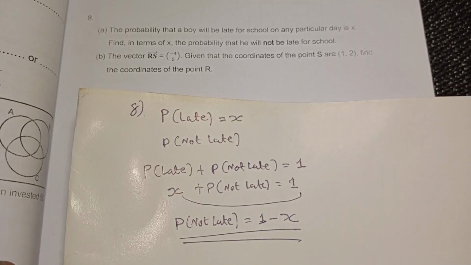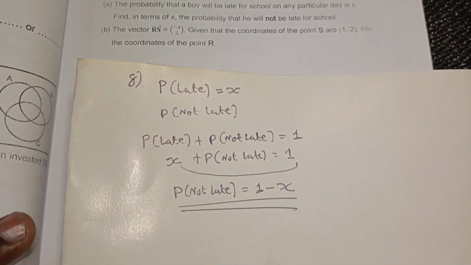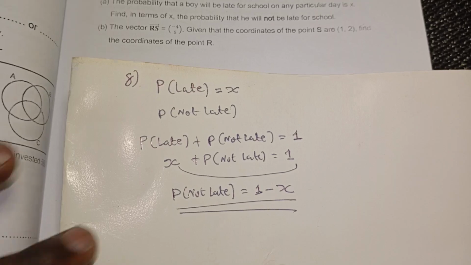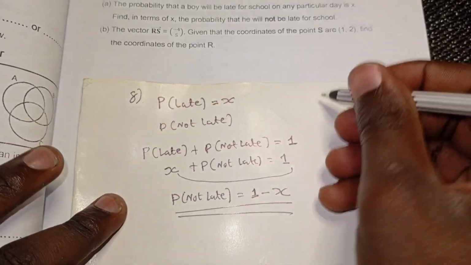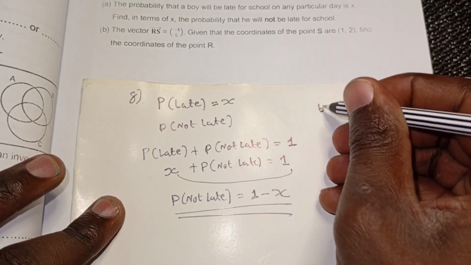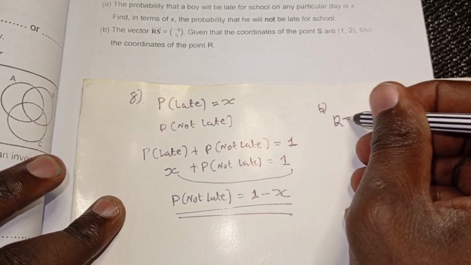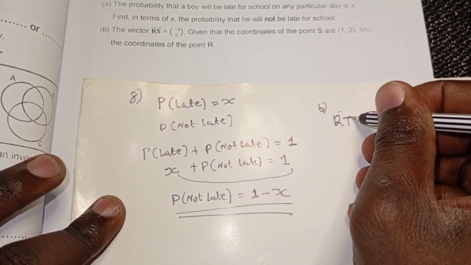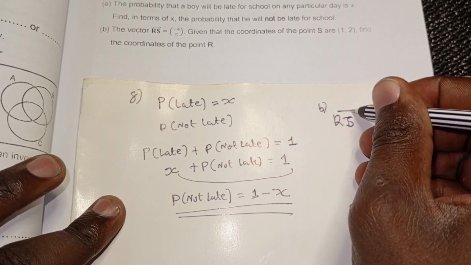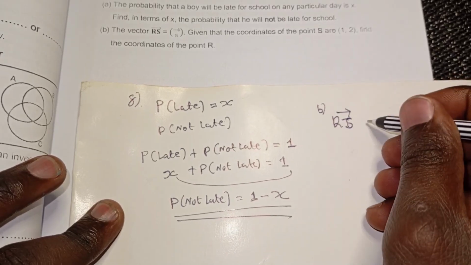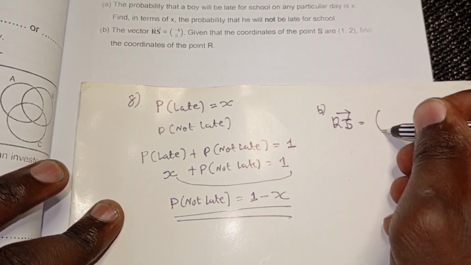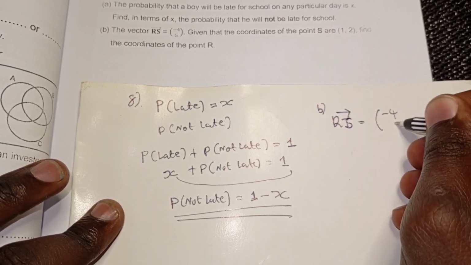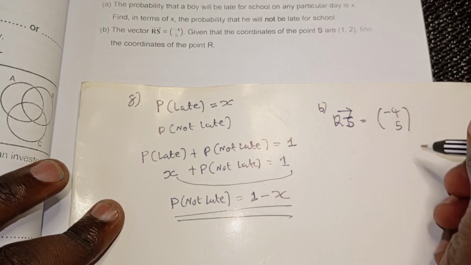Okay, let's look at question 9. It says the vector RS is equal to (-4, 5).